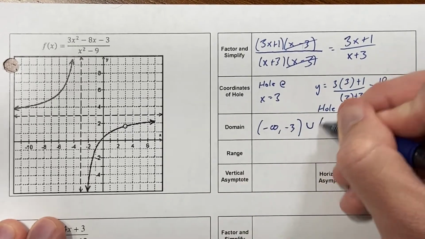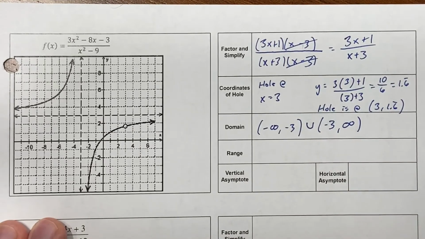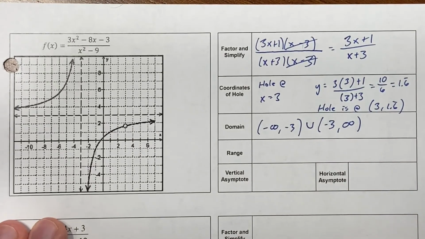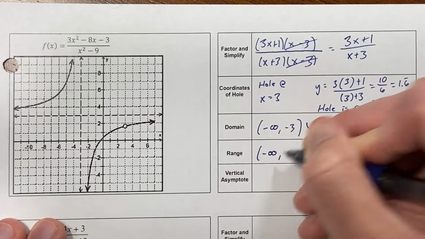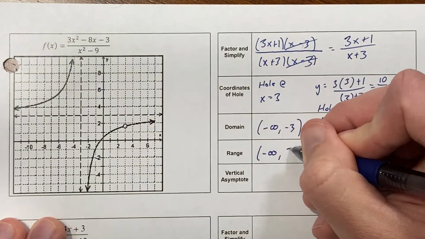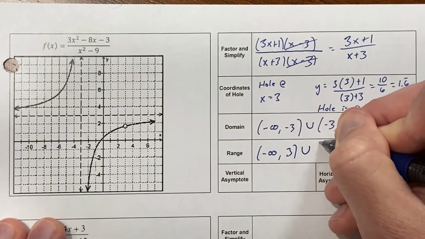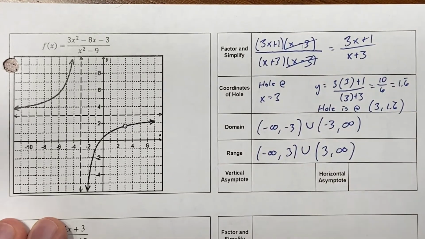Union. Going to pick it back up at negative 3 and go all the way to positive infinity. Range, boom. How far down does the graph go? Negative infinity. How far up does it go? It looks like it's going to stop at 3 right there. Union. Pick it up at 3 and go all the way to positive infinity.